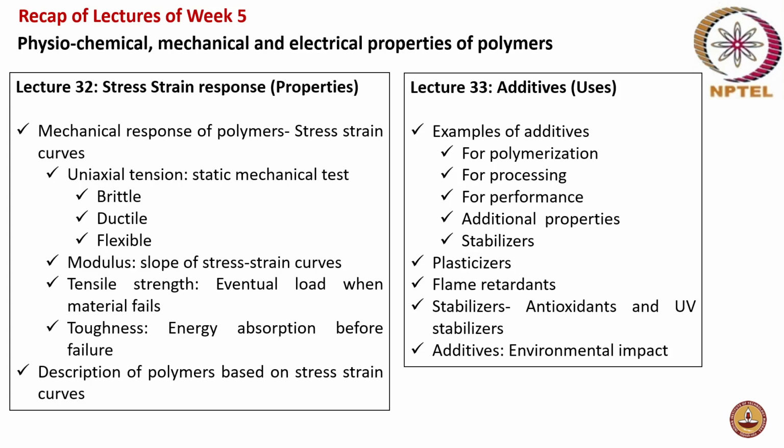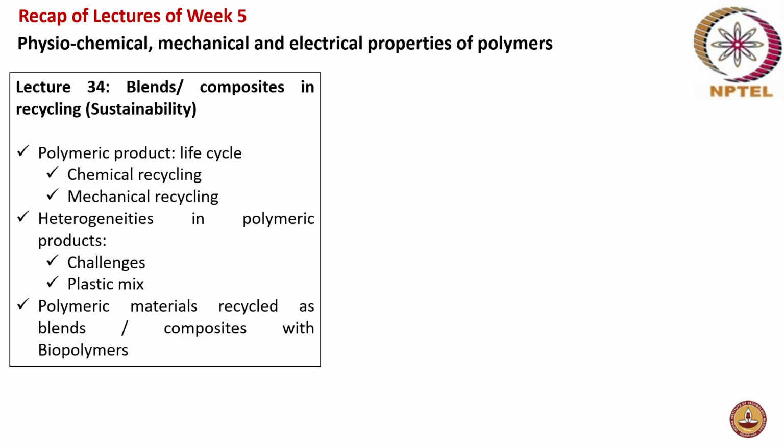There was discussion on plasticizers, flame retardants, stabilizers, and what is the impact of these additives on the environment, because these additives are small molecules. So when polymers come in contact with the environment, they can diffuse into the environment, they can be leached out, which can be harmful. So these aspects were all discussed.